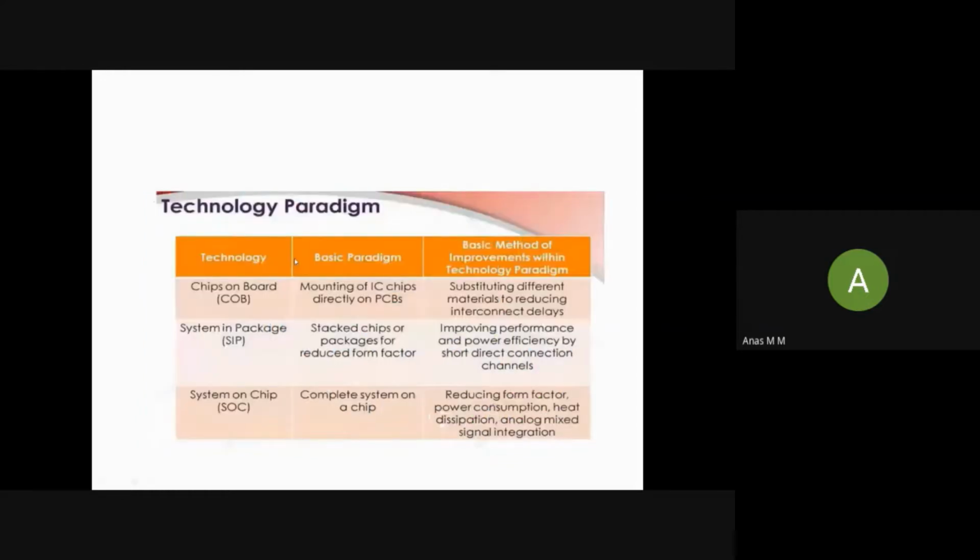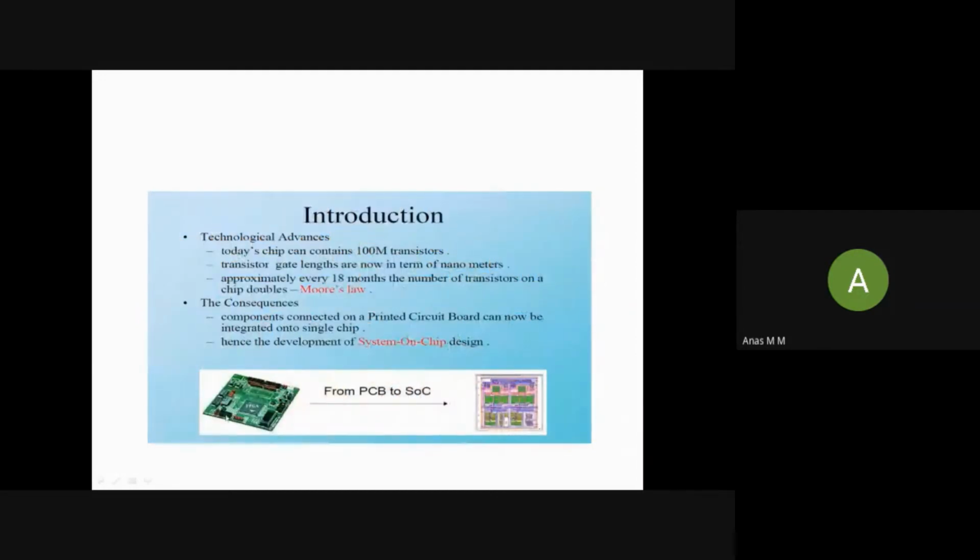These are the comparison of various technologies: chip on board, system in package, and system on chip. Chip on board means mounting IC chips directly to the PCB. This is that example. Here we have a PCB and we are mounting the IC chips on top of it.